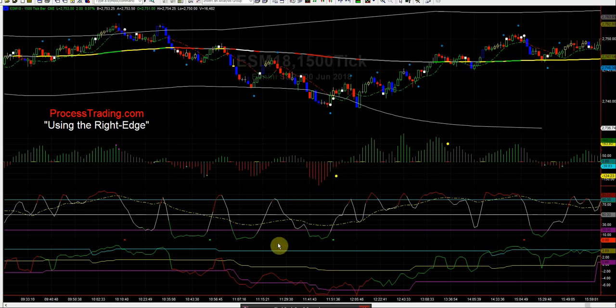Down here is the unique cinnamon oscillator, which tells you both momentum and conviction. And of course, momentum moves much quicker than conviction, but conviction is much more steady and doesn't turn as quickly. So you can follow the slope of the conviction and know essentially how price is going to trend.